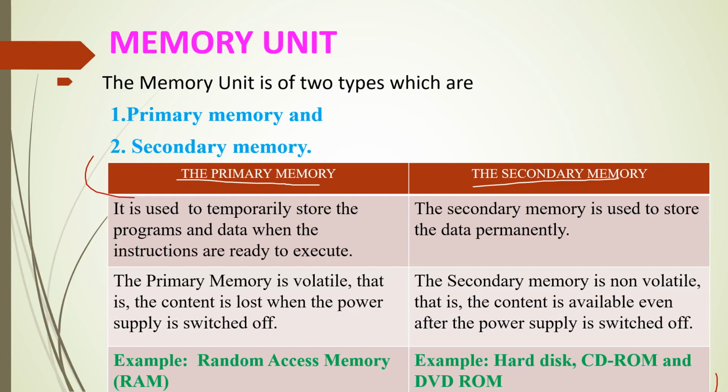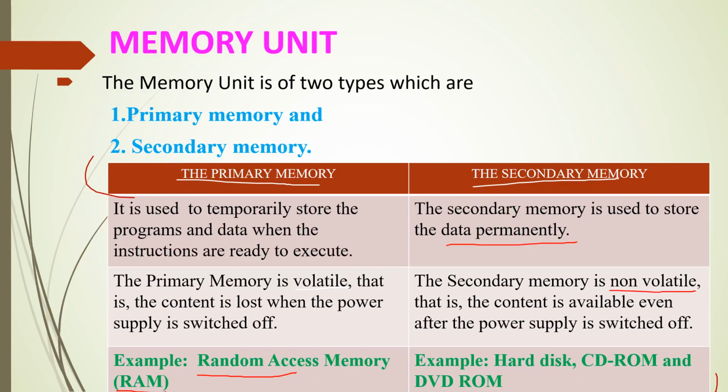It's volatile in nature. An example of primary memory is RAM, and the expansion of RAM is random access memory. In the secondary memory, the data is stored permanently. It is non-volatile in nature.